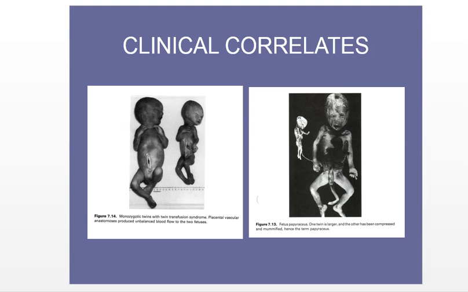Twin pregnancies have a high incidence of prenatal mortality and morbidity, and an increased risk for preterm delivery. Approximately 60% of twins are born preterm and also have a high incidence of low birth weight.